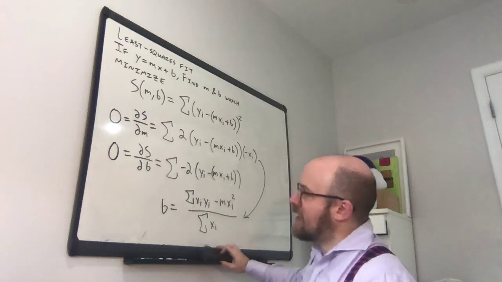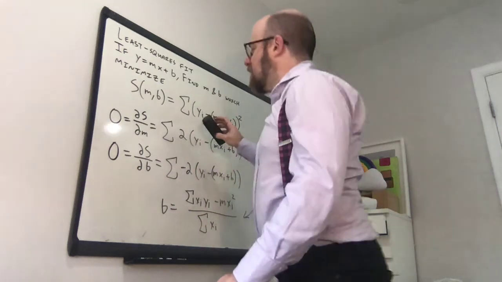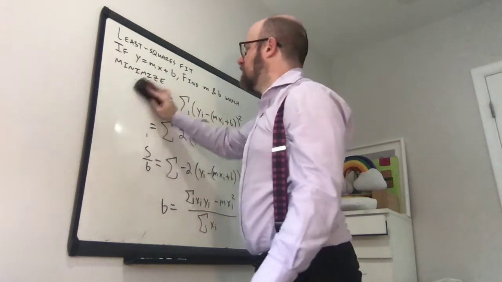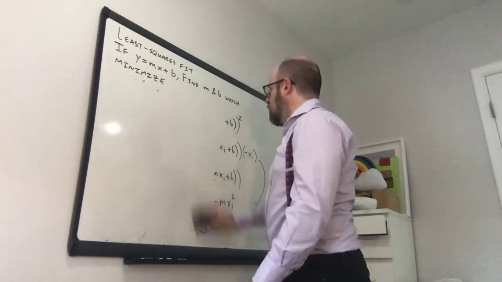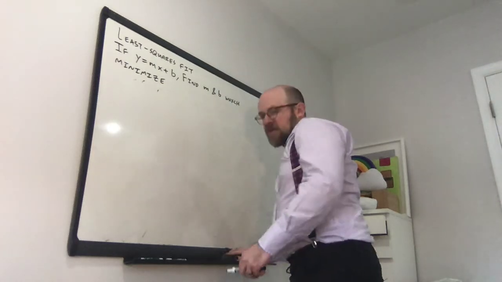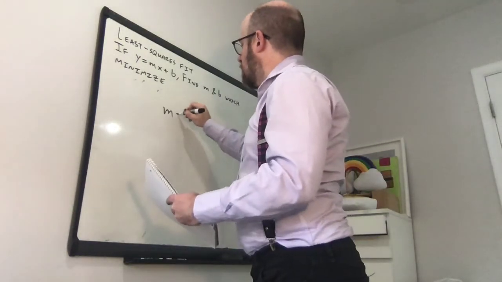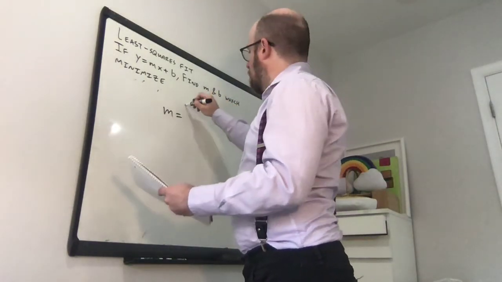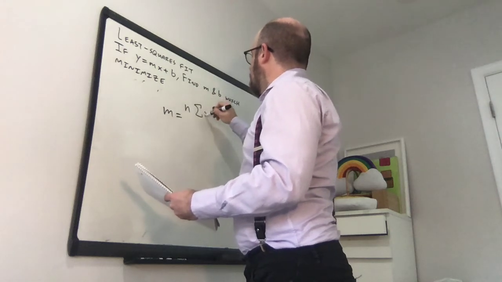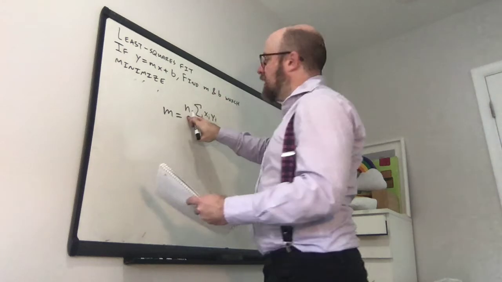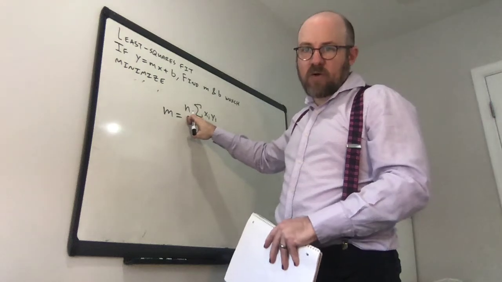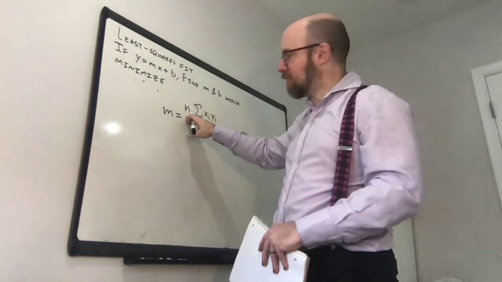But what you end up getting, after you've set these derivatives equal to 0, are the formulas: m is equal to n times the sum of xi yi. N here is the number of data points. So if we have 4 data points, n is equal to 4.